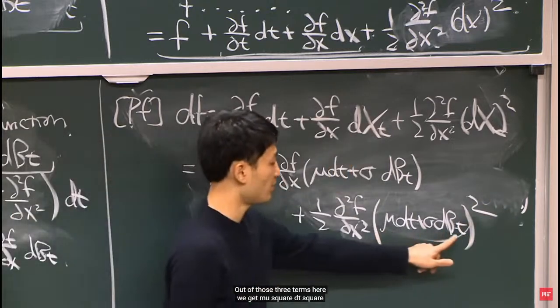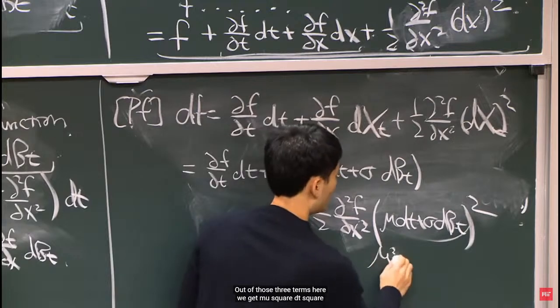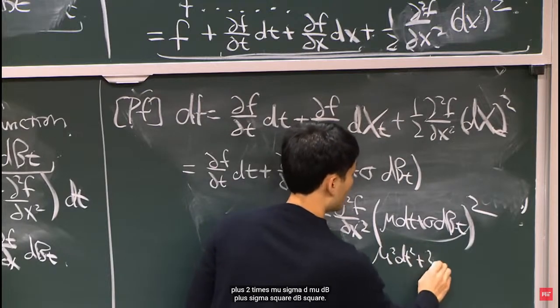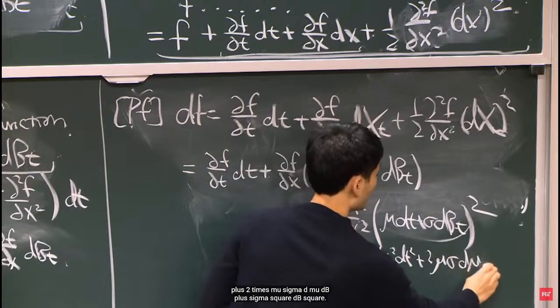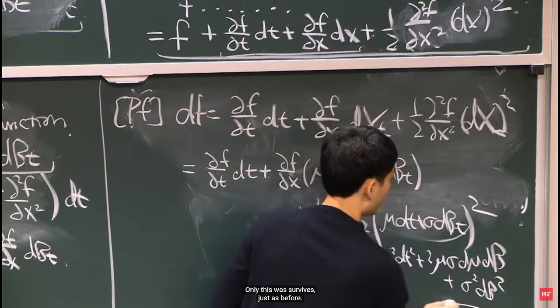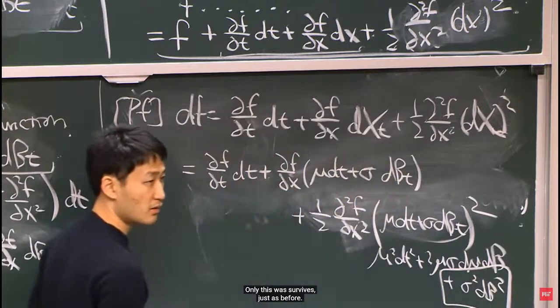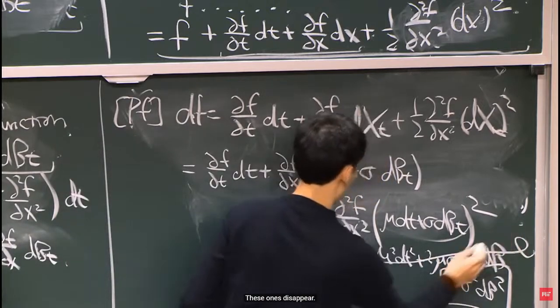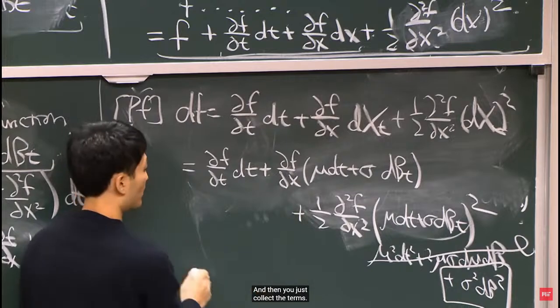Out of the three terms here, we get mu squared dt squared plus 2 mu sigma dt dBt plus sigma squared dBt squared. Only this one survives, just as before. These ones disappear.